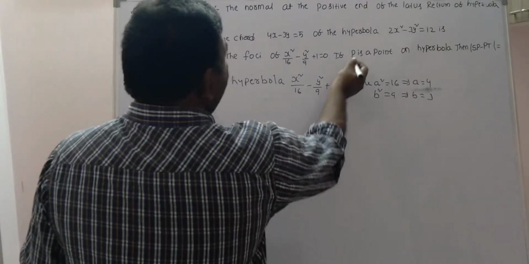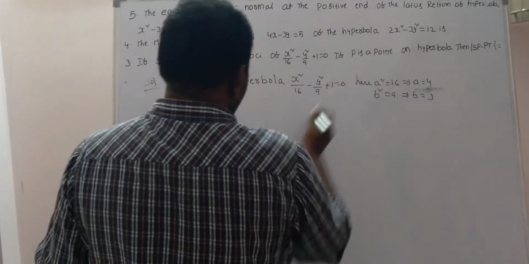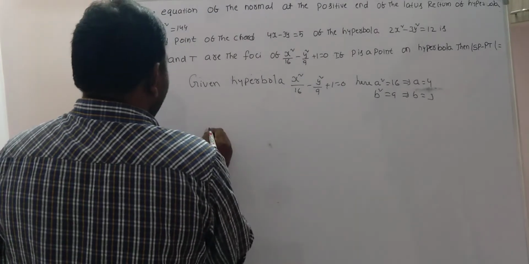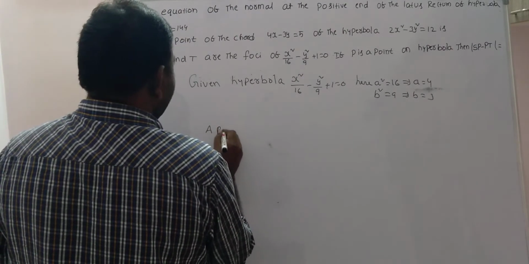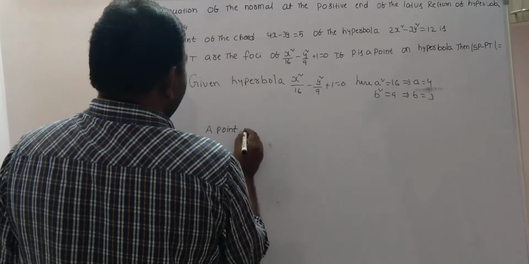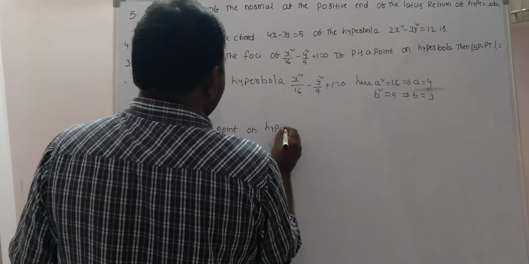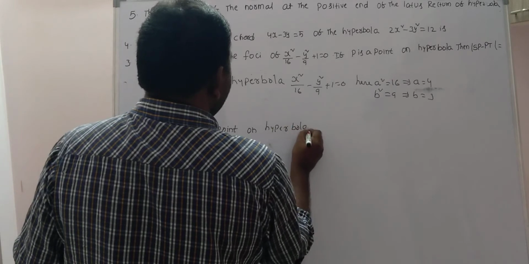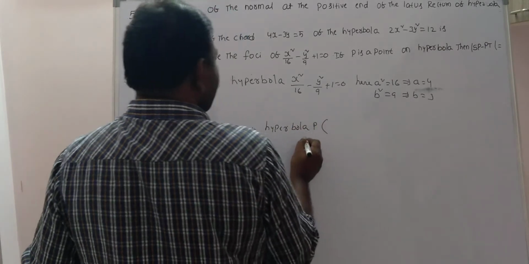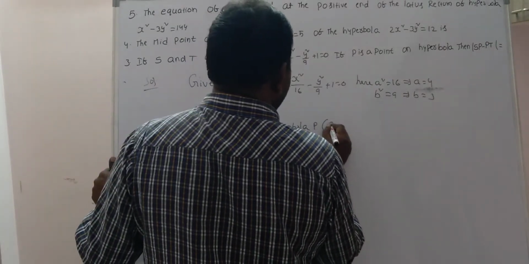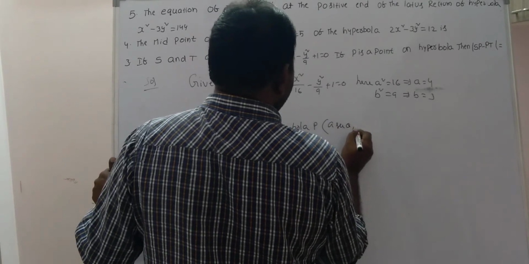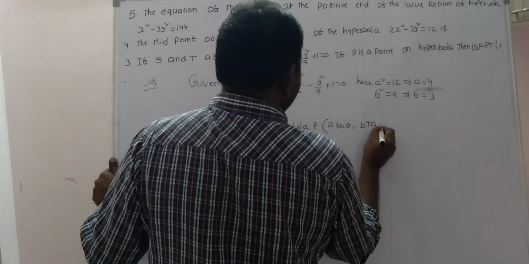Here a point P on the hyperbola. This point P is a secant theta, b tan theta.